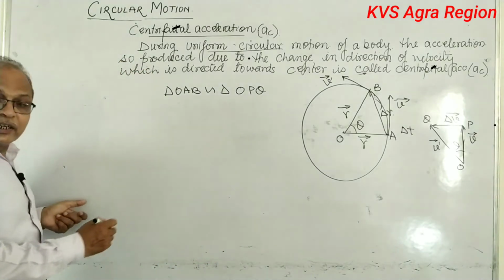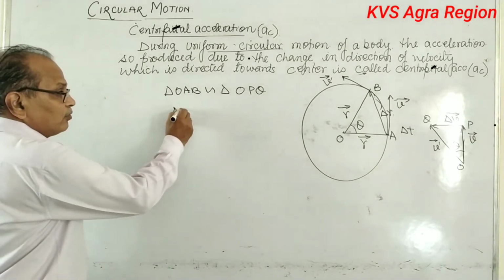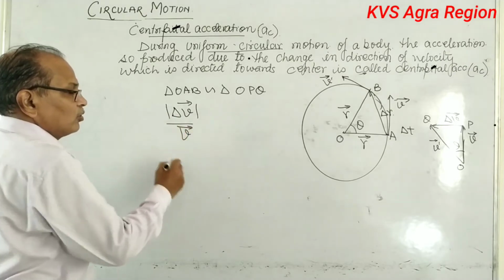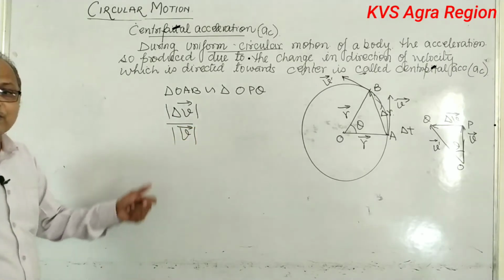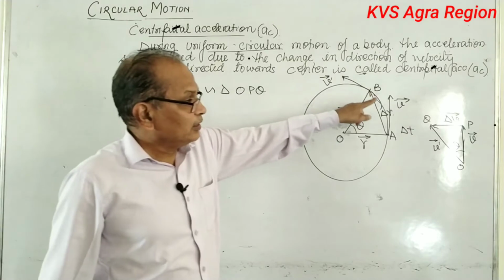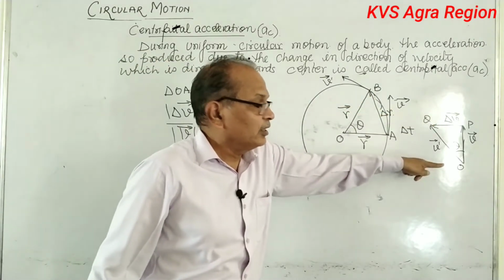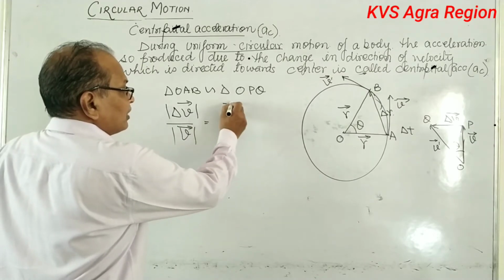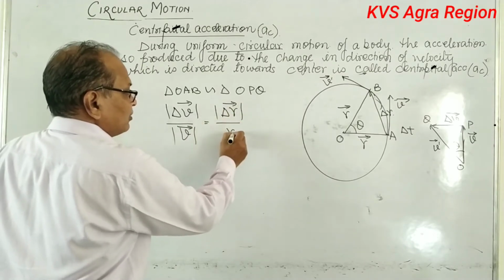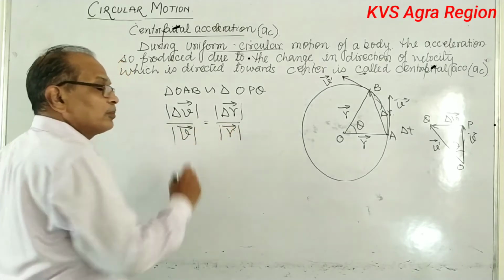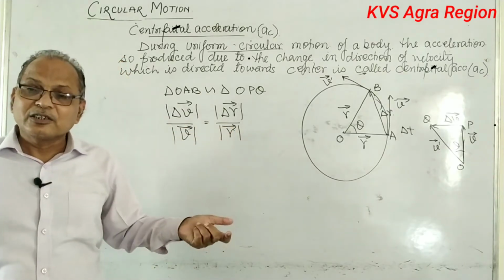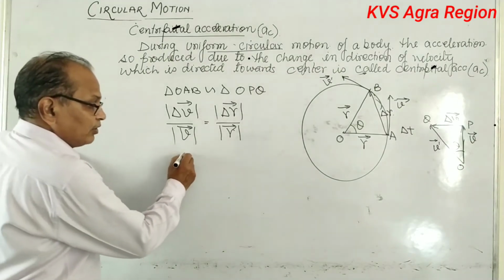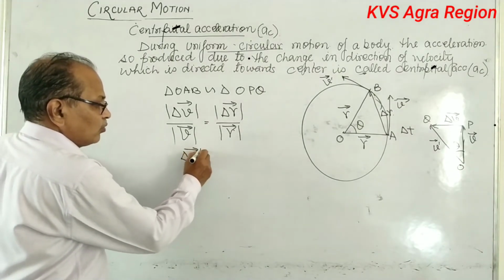Therefore you can write like this: delta v upon v vector, delta v upon v is equal to delta r vector upon r vector, according to the concept that if two triangles are similar, then the ratio of the sides will also be equal. Therefore, delta v can be written as what?